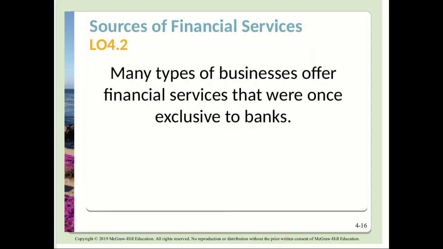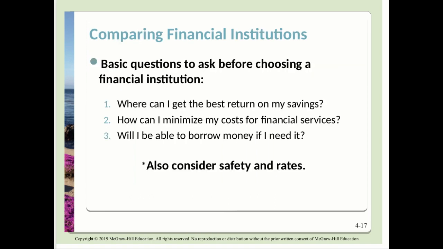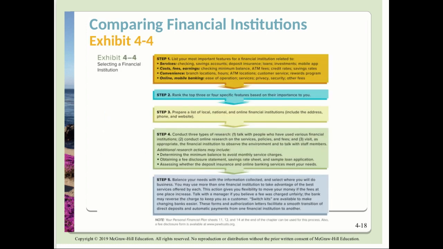A lot of businesses will offer various financial services that banks used to do before. So some of the things to think about when you're thinking about different financial transactions or institutions, folks, shop around. Shop around. Where can I get the best return on my savings? How can I minimize my costs? What you want to do, this is in the book, in this little table here, is list your most important features that you're wanting as far as an account is concerned.